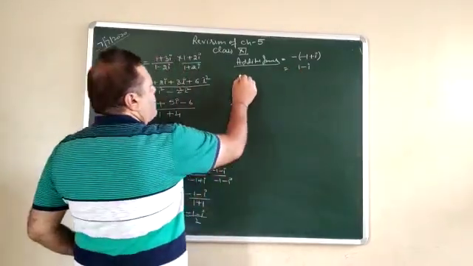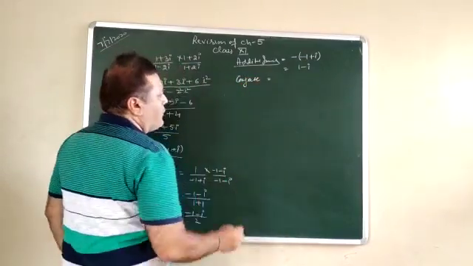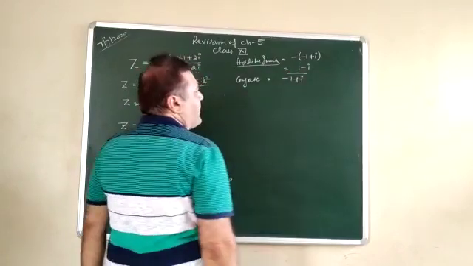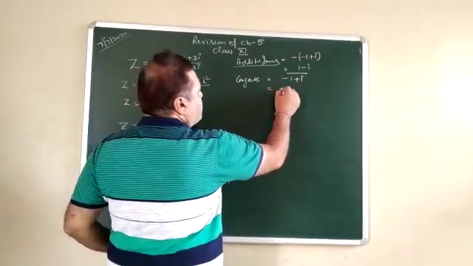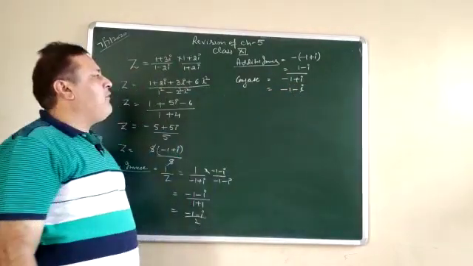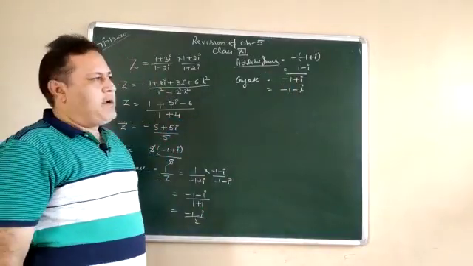If he asks about its conjugate, whatever the complex number you have, you apply a bar on it, then change the symbol of i, and you will get the conjugate, -1 - i.